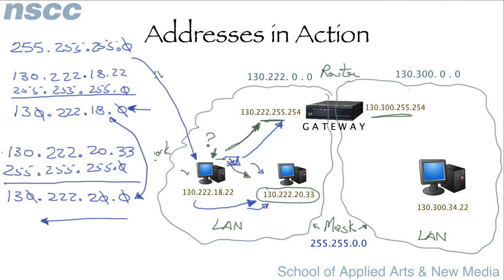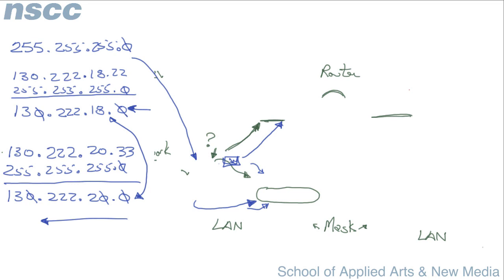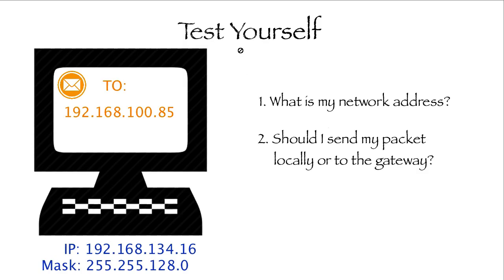And so you can actually test yourself on some of this by looking at this example. Let's suppose we have a machine and you have email running on this machine and you want to send an email to this address. Your IP address, the address of this machine, is this, your network mask is this.